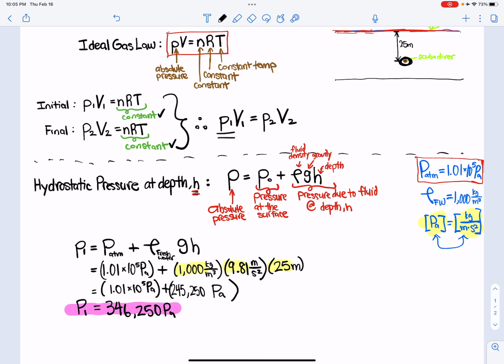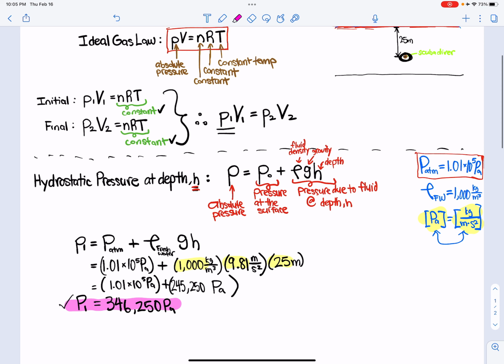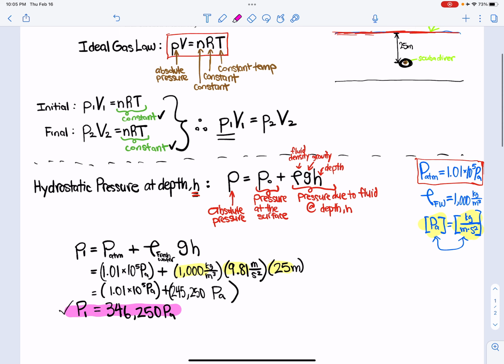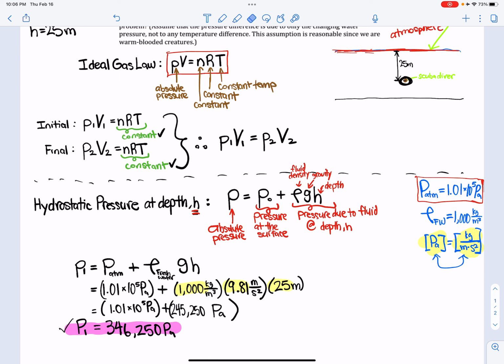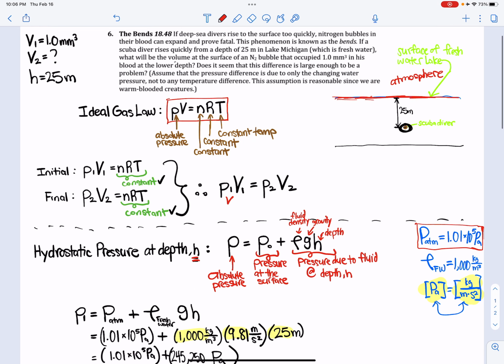So I could use this initial pressure right here for this equation that we left off at earlier. Let's do that. Because again, I know that my P1, I just solved it right here. V1 was given to us right here, 1 cubic millimeter. So we know that.